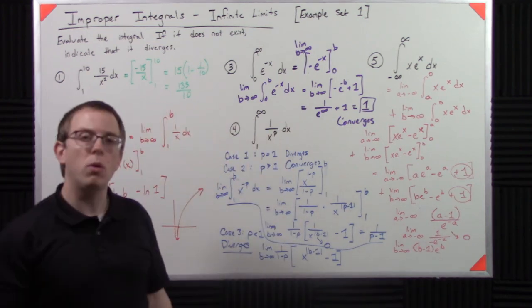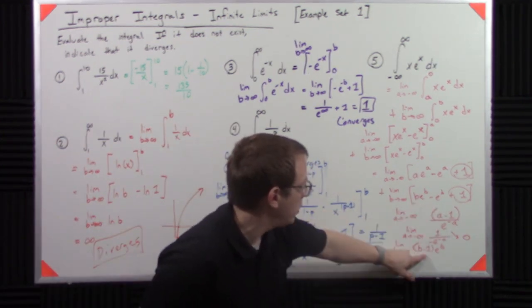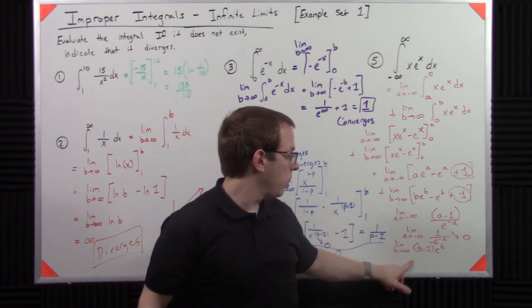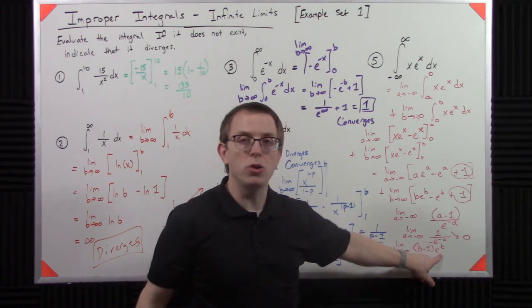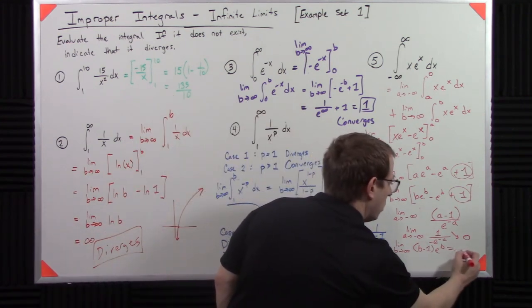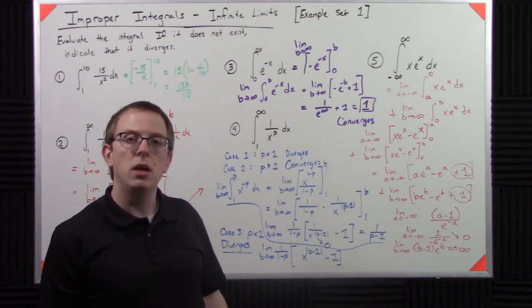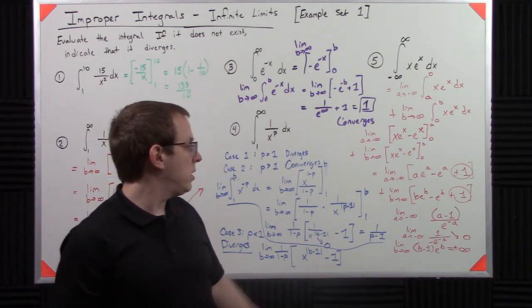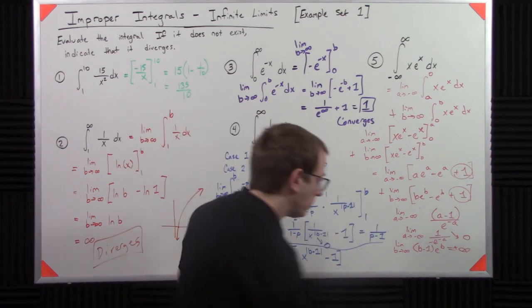Now this one you don't have to worry about. We don't have to rewrite it in some convenient way, because if you plug in positive infinity here, this goes to infinity, that also goes to infinity. So it doesn't matter. You get a positive infinity there, which means that this limit diverges.